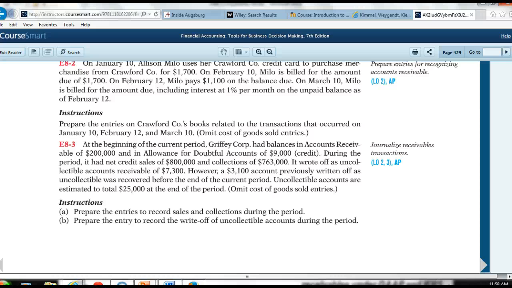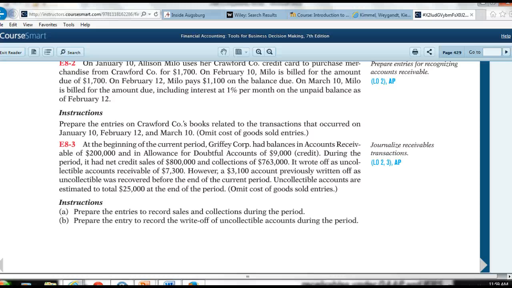It wrote off as uncollectible accounts receivable of $7,300. However, a $3,100 account previously written off as uncollectible was recovered before the end of the period. Uncollectible accounts are estimated to total $25,000 at the end of the period.